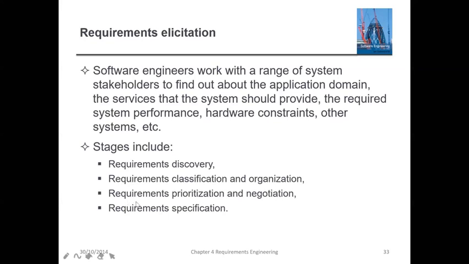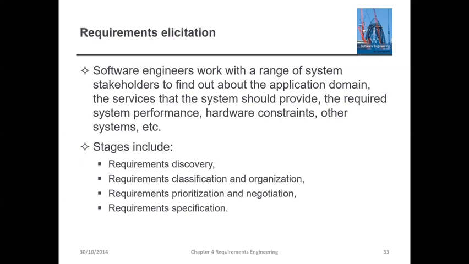The next one is requirement prioritization and negotiation. And the last one is requirement specification. Here the stakeholders have to find out about all these things, the constraints, and whatever the stages are, and do the work accordingly.